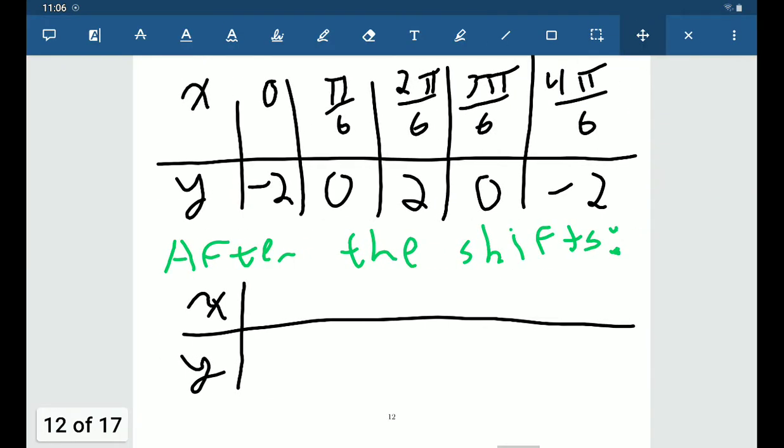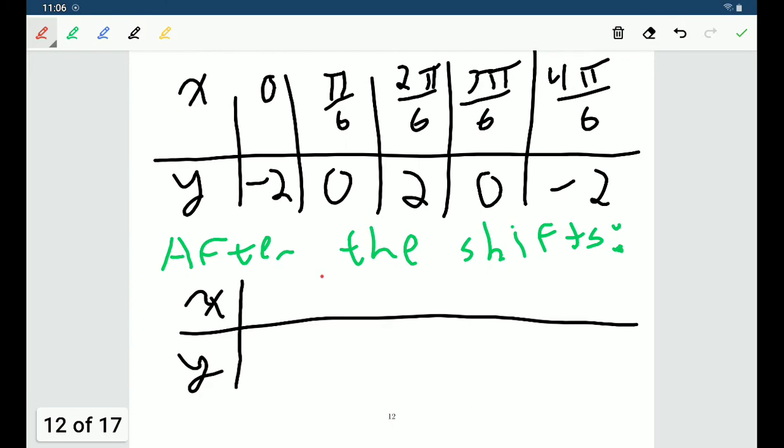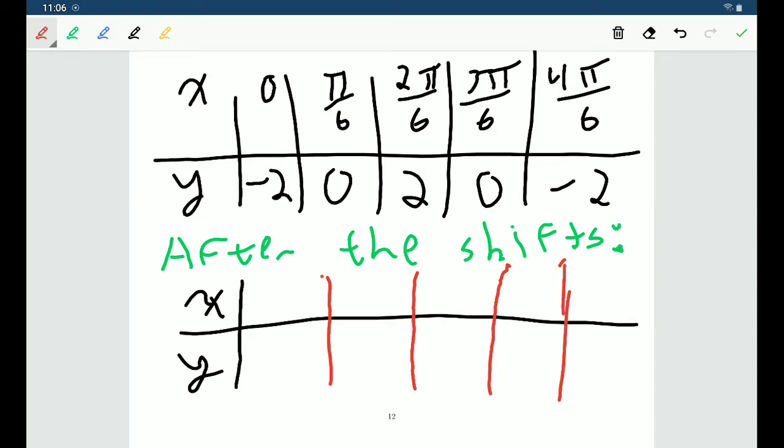So for our y values for our key points, we'll be adding 2 to them. Negative 2 plus 2, 0 plus 2, 2 plus 2, 0 plus 2, negative 2 plus 2. So our y values will start at 0, then 2, then 4, then 2, then 0.